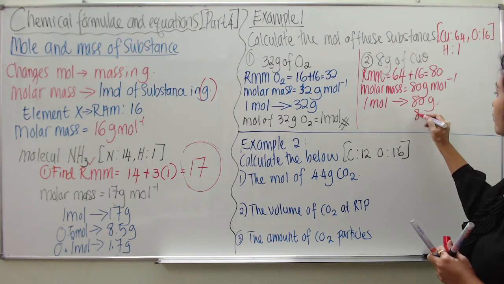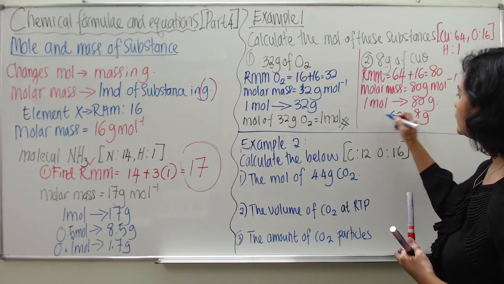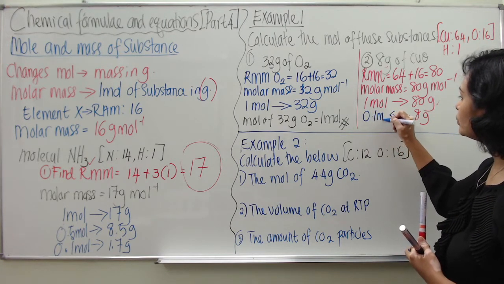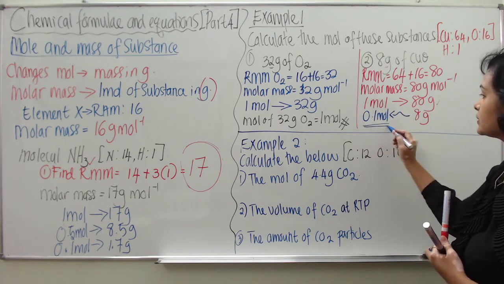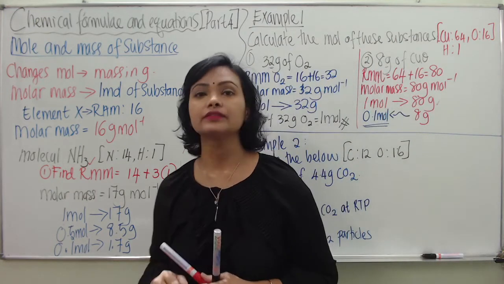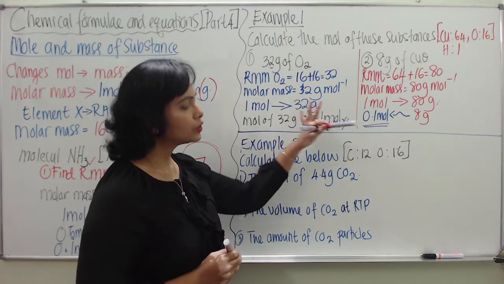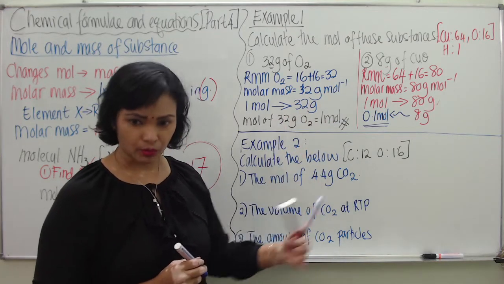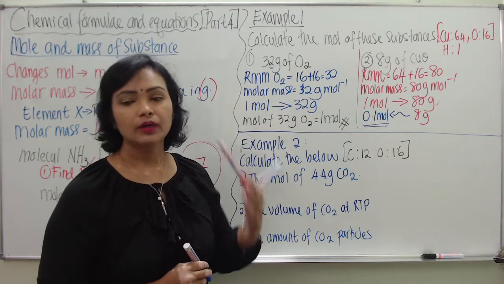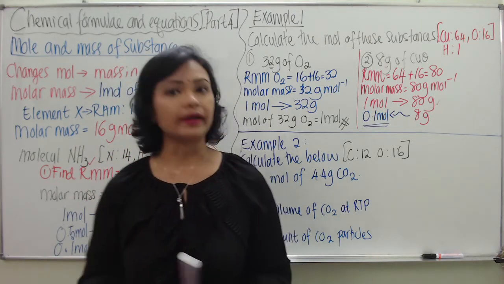So we can say that we only have 0.1 mole. So this is the answer. That means 8 grams of copper 2 oxide is 0.1 mole. So you do the calculation. Try more calculations like this at home. Based on this teacher's explanation, I hope students can understand.